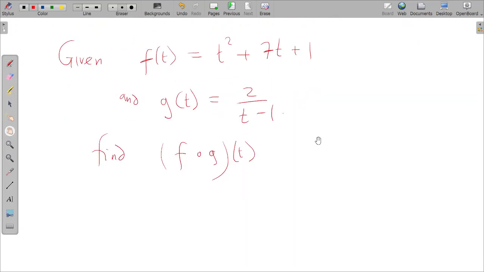So here we are putting g inside f. This we are looking for is also the same thing as f of g of t.